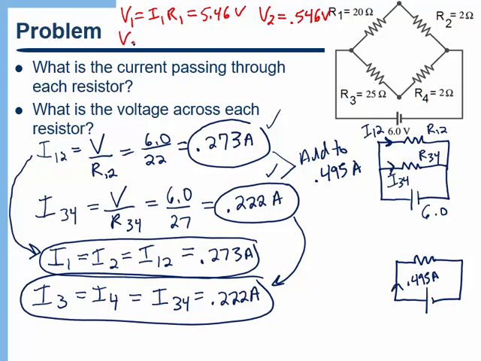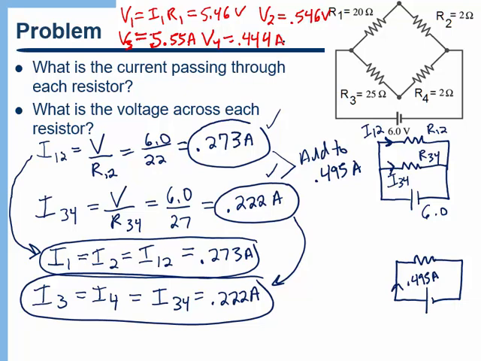For V3, I got 5.55, and for V4 I got 0.444. Okay, now what do we know about these voltages?